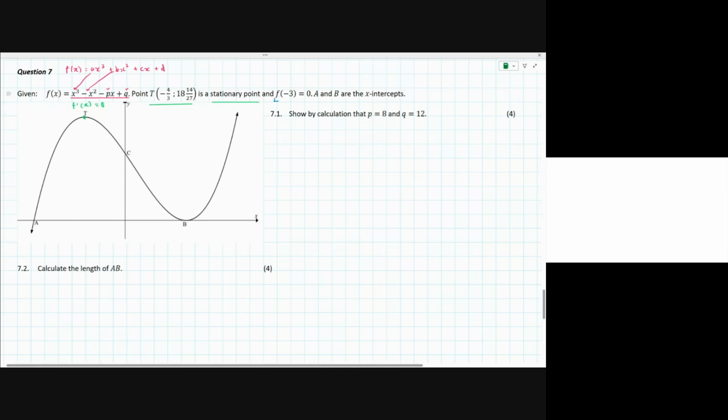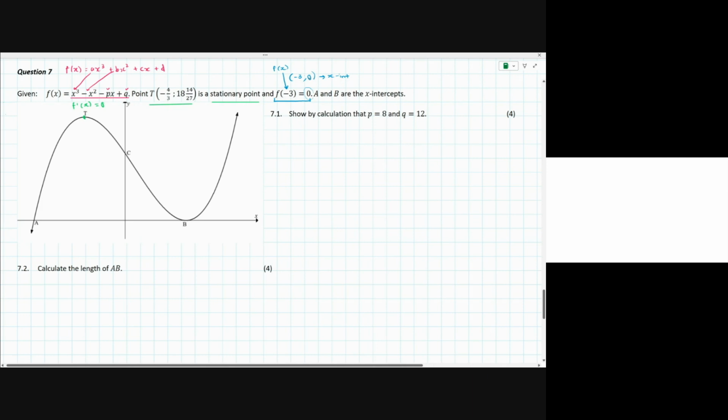So it says f of negative 3 equals 0. Now remember, usually this would say f of x. So what we're doing here is we're giving you the x value. So I'm telling you x is negative 3, and where x is negative 3, the y value is equal to 0. And so what I'm actually giving you here is an x-intercept.